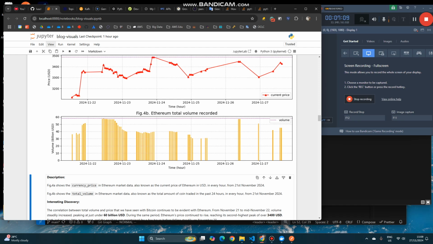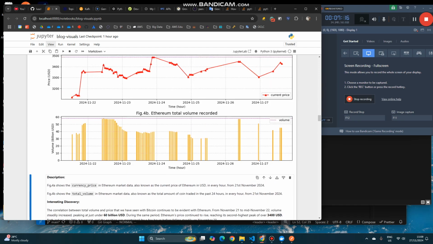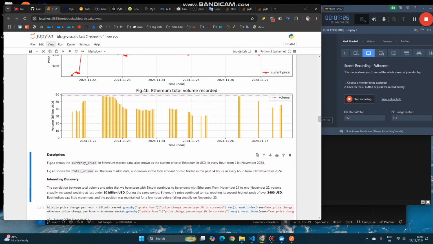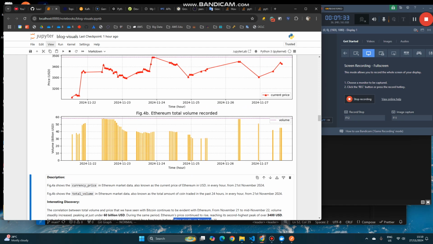And then the volume drops a little bit from the 23rd to 24th, so we can see that the price goes down. Okay, and that is the connection between the volume and the price.